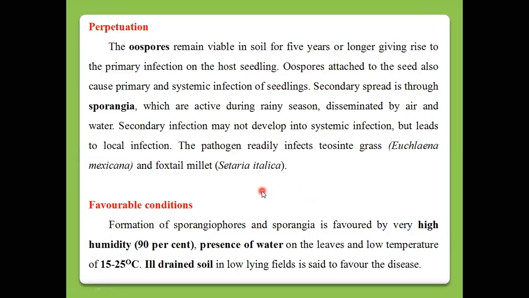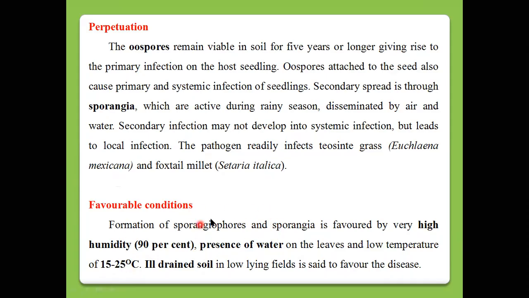Now go to the next point, the favorable conditions. The first favorable condition for germination of the spores, that is oospores as well as sporangia, is high humidity, maintaining relative humidity near about 90%, then the presence of water on the leaf, then a temperature of 15 to 25 degrees Celsius.